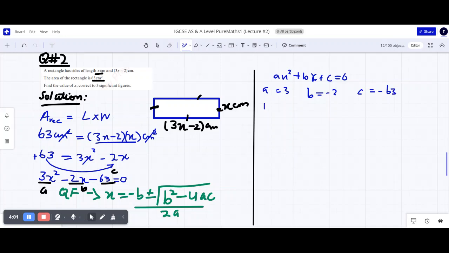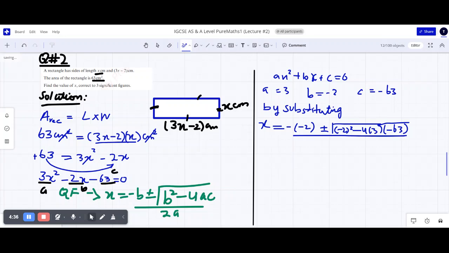By substituting in the formula, we will get x is equal to minus of minus 2, then plus minus root of the square of minus 2, which is the value of b, minus 4 times a, which is 3, and c is minus 63. At the bottom we have 2 into 3.